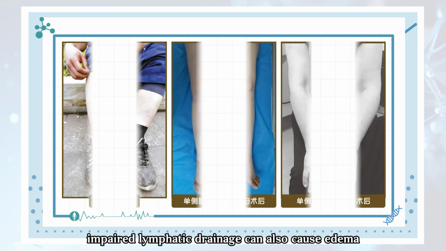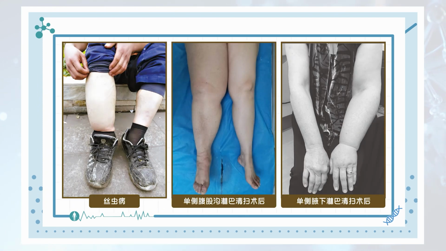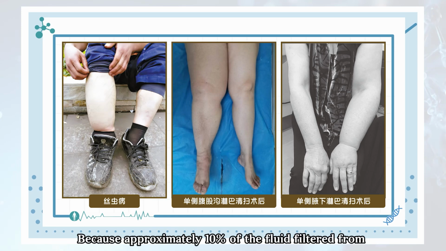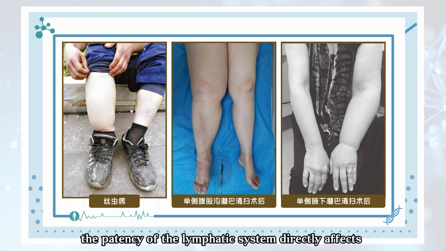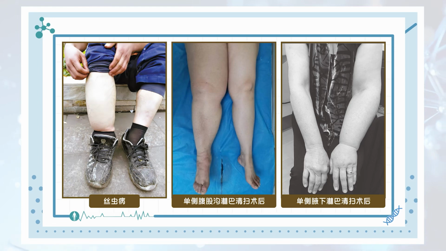Finally, impaired lymphatic drainage can also cause edema. Because approximately 10% of the fluid filtered from capillaries needs to return via the lymphatic system, the patency of the lymphatic system directly affects interstitial fluid reabsorption.